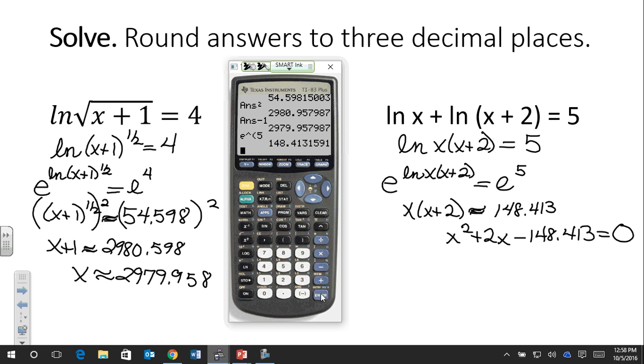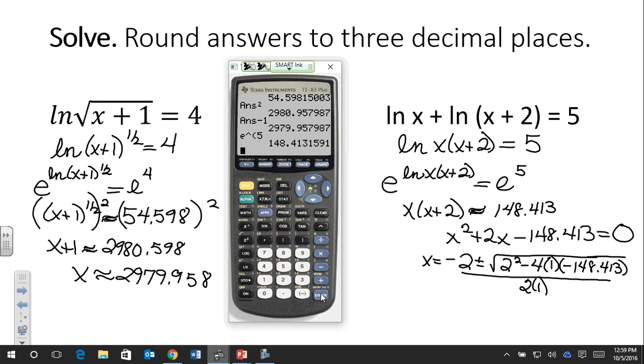Okay, anybody want to see completing the square? Rather do that instead of quadratic? No? Okay. So let's bring our quadratic formula up. Opposite of b, plus or minus the square root of b squared minus 4 times a times a negative 148.413, which is our c, all over 2 times 1.